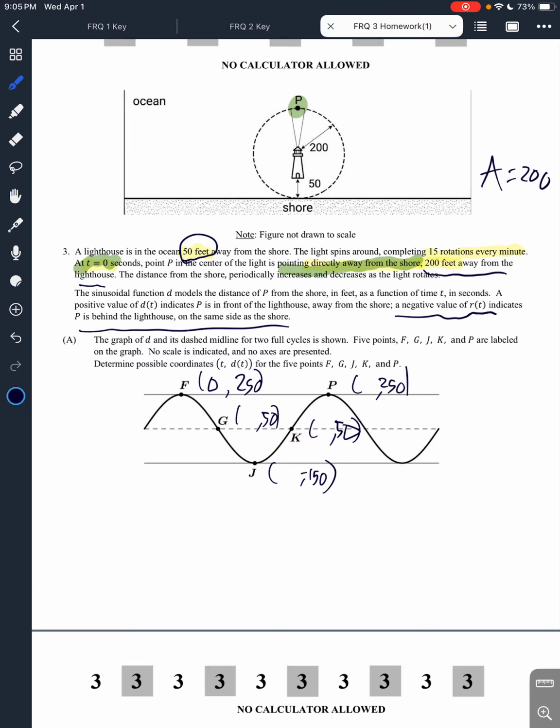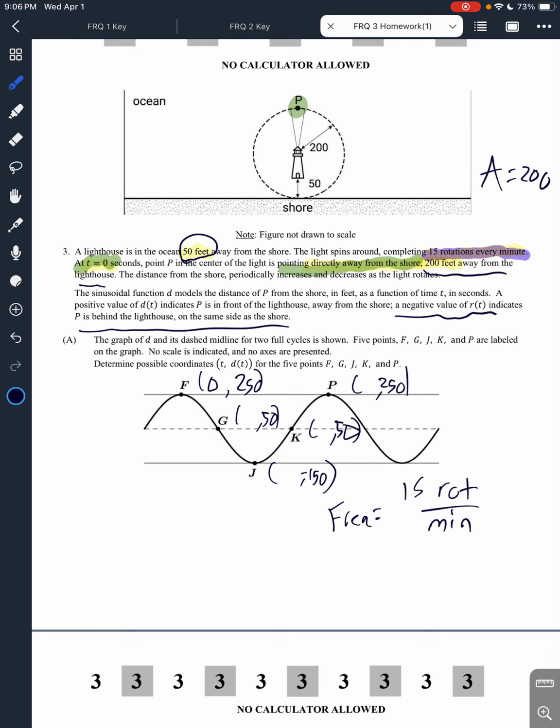The next thing we always want to get is we want to find our period. So they're going to give us something about the speed at which this is rotating. So this completes 15 rotations every minute. Because this is rotations per minute, that is our frequency. If it was minutes per rotation, that would be the period, how long it takes to do a cycle.